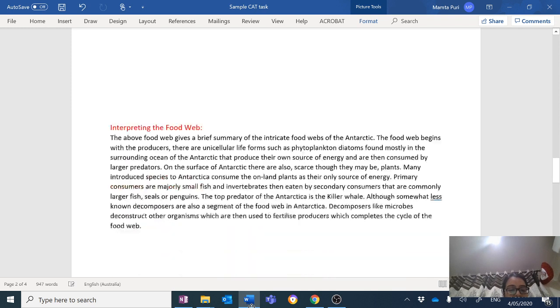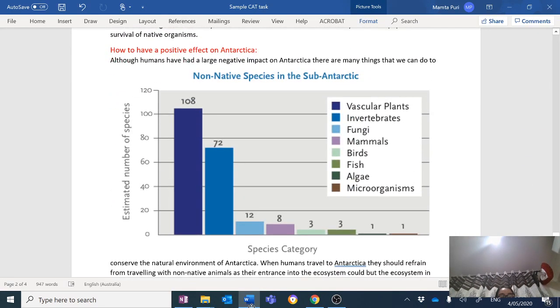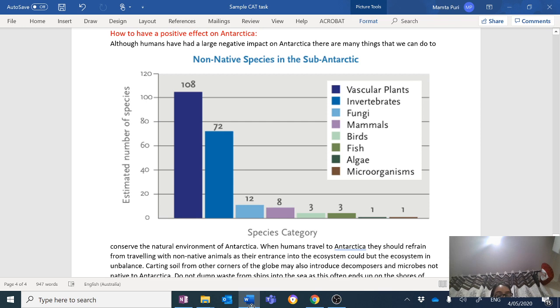Also, I have included a very well-researched graph here, on how to have a positive effect on Antarctica. As you can see, I have included the heading of the graph and all the columns make sense because I have referred to each of the color bars separately.